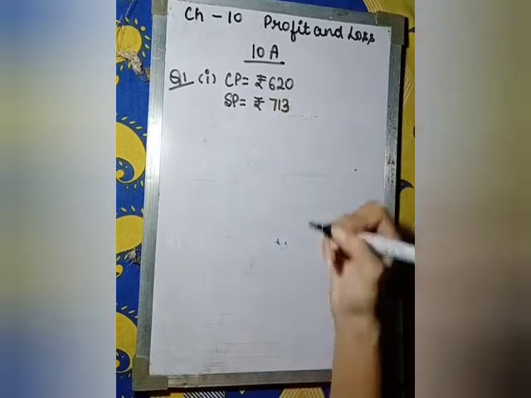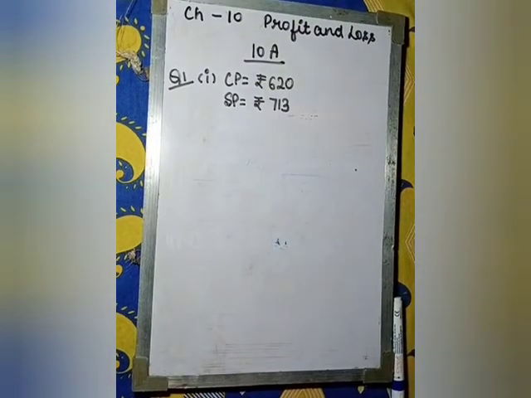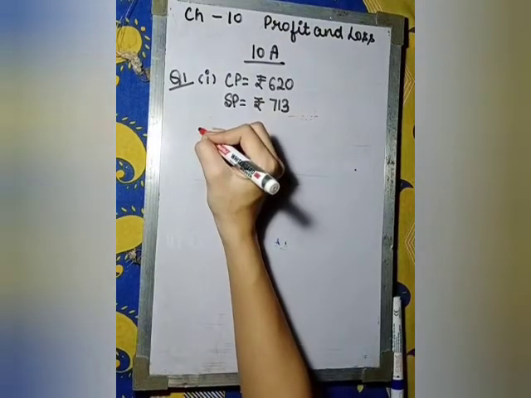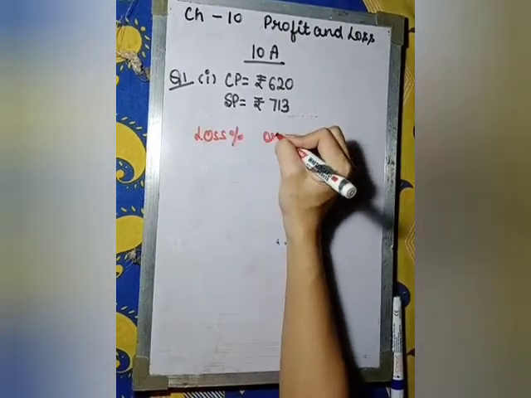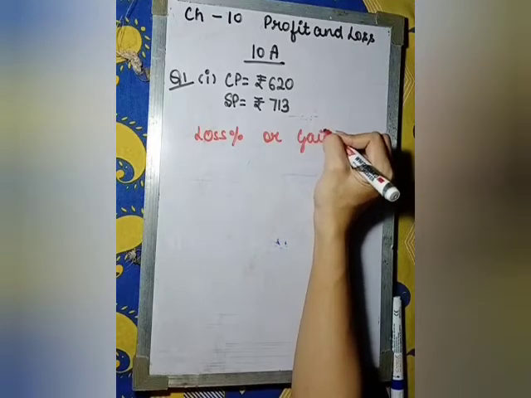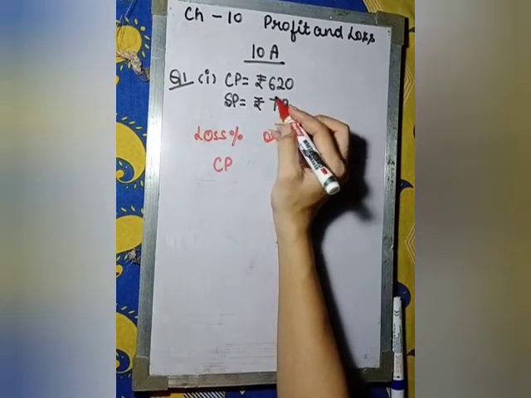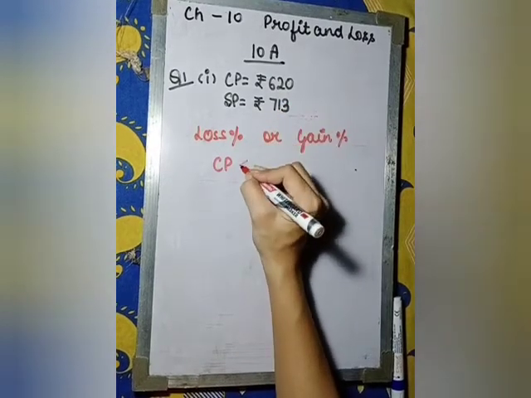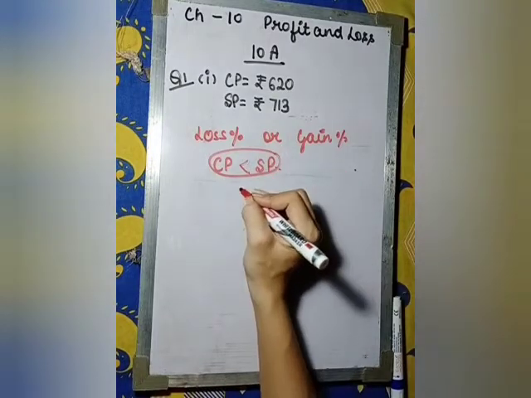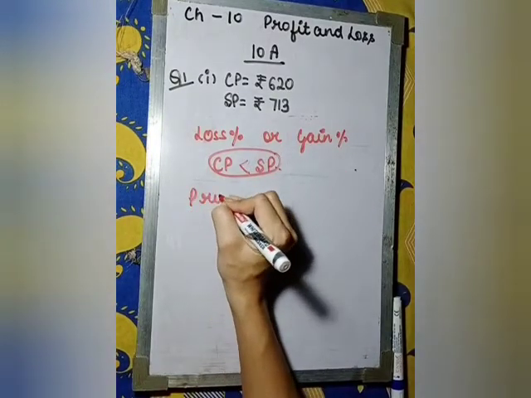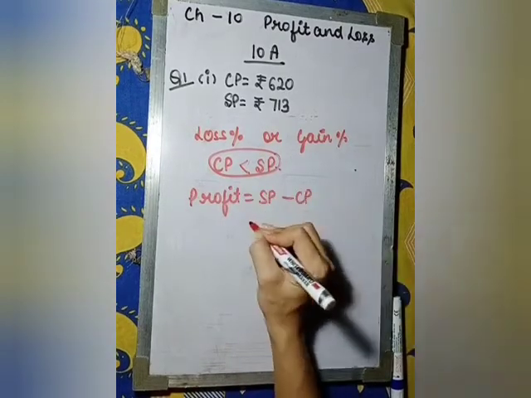Now you have to find whether the person has loss or gain. You have to find loss percent or gain percent. Now see, first CP is 620 and SP is 713. So which is greater? SP is greater. When the SP is greater, that means it is the profit. So find the profit. Profit equals SP minus CP.